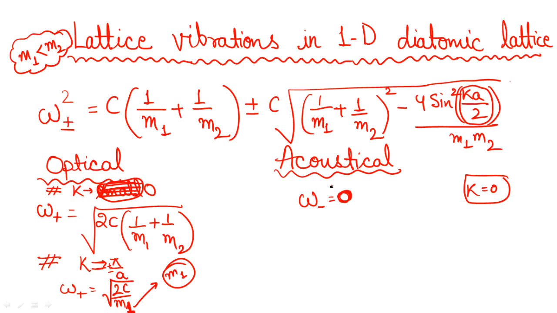So that point will become clearer to you from here. But in the optical case, the value of omega will be non-zero even when k is equal to 0. You can even put k equal to 0 exactly instead of tending to 0, that's better. Now you get a non-zero value of omega, so that is the optical case. And in the acoustical case, k equal to 0 gives you omega equal to 0.